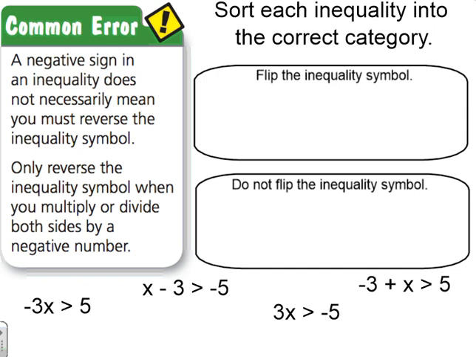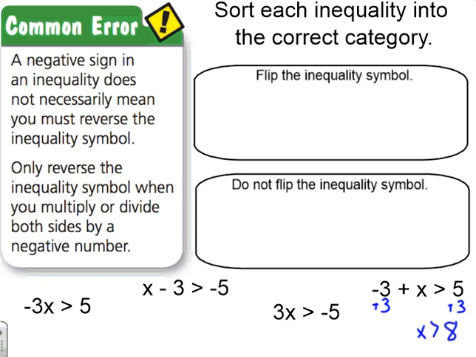A common error: a negative sign in an inequality does not always mean you must reverse the inequality symbol. Only reverse the inequality symbol when you multiply or divide both sides by a negative number. So we're going to look at when we flip it and when we don't. I'm going to start with this one right here. To solve this inequality, I would be adding 3 to both sides.